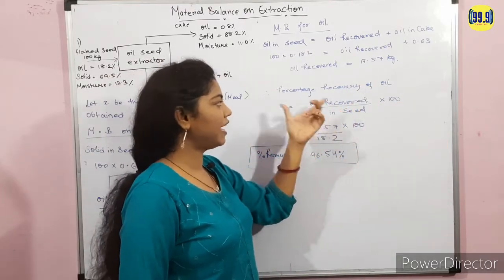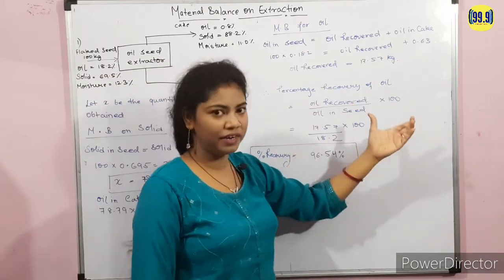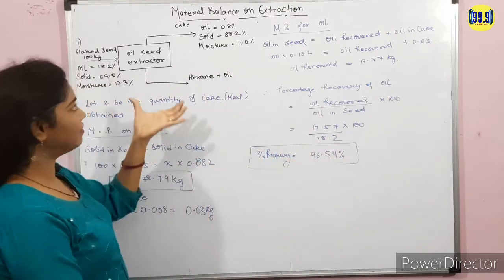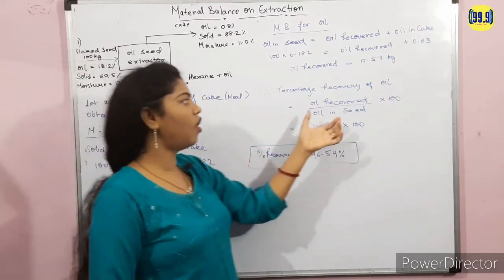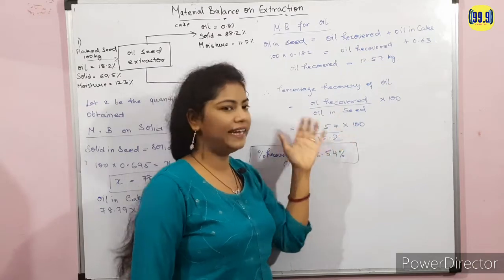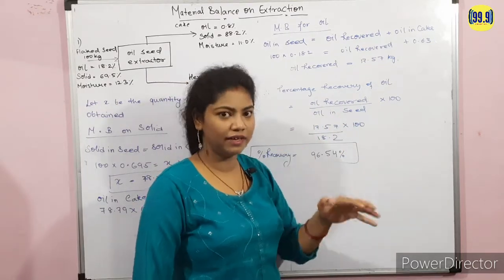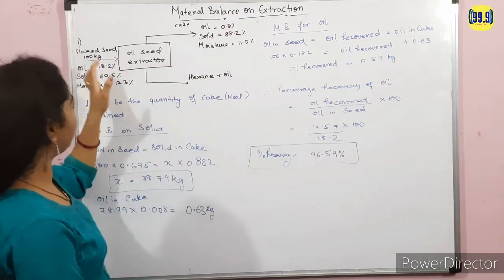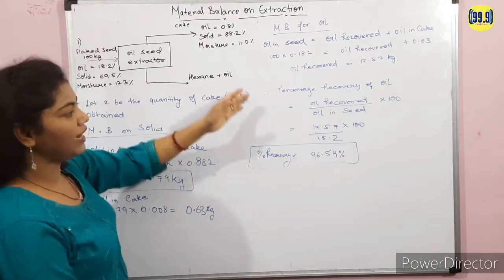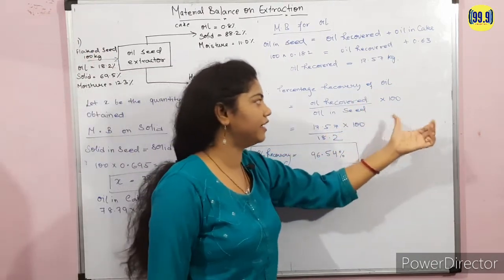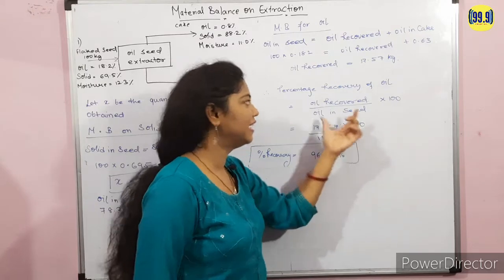Recovery is calculated as the amount obtained divided by the amount inserted, times 100. So we have to calculate the oil recovered from the extractor, and the amount of oil in the seed we fed, times 100. We have to calculate these two terms.